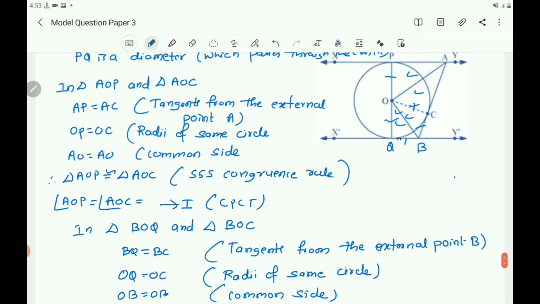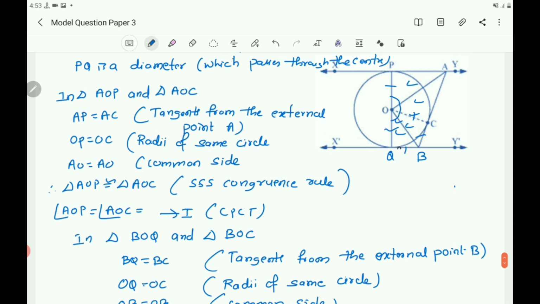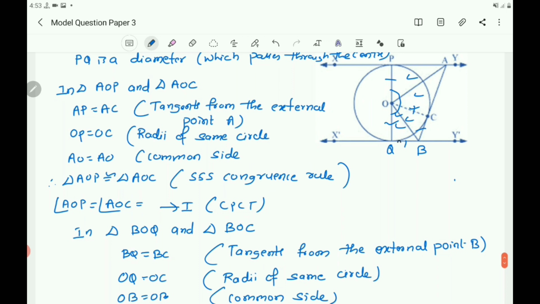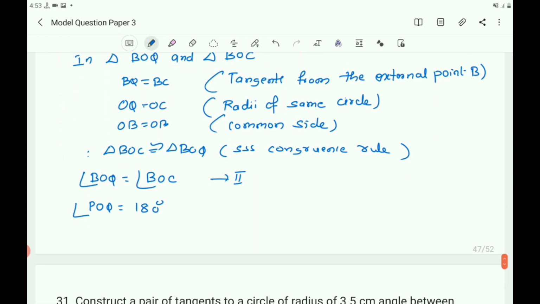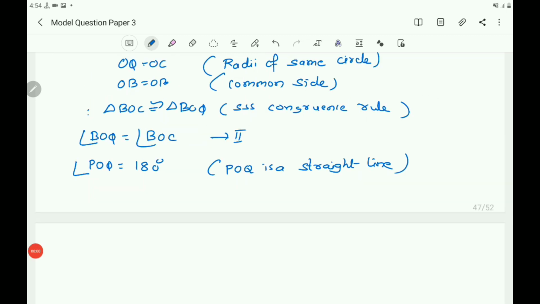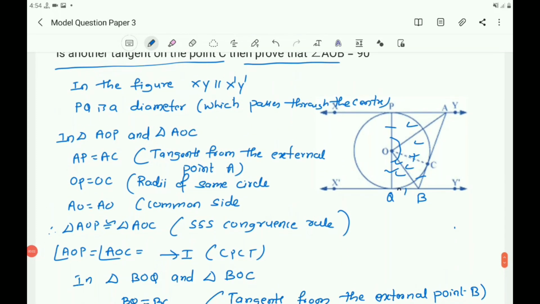angle POQ equals 180 degrees. Why is it 180? Because POQ is a straight line, that is a diameter. So you write it is a sum of 4 angles.